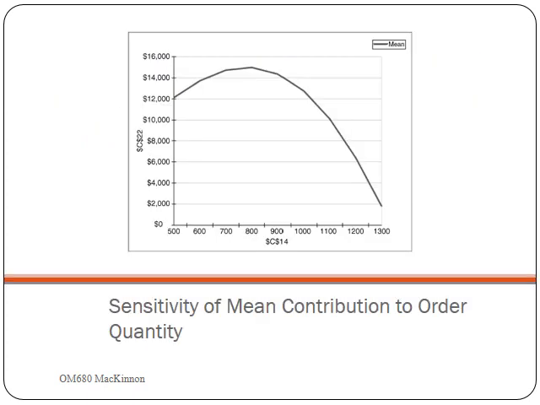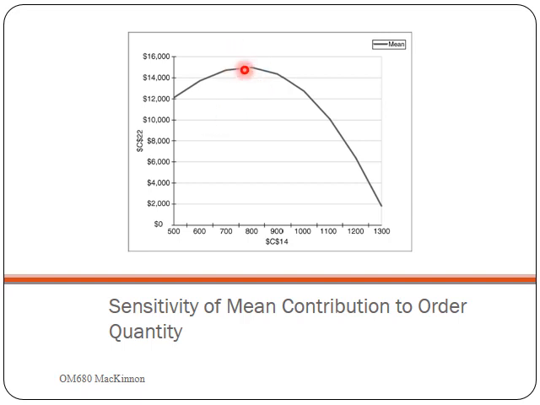So I'll show you how to do the sensitivity analysis when we do our synchronous session. I'll show you how to do it in Excel. But this is the result, and you can find this using a grid search or sensitivity analysis, and that is the sensitivity of our mean profit contribution to order quantity peaks out at around 100 units.